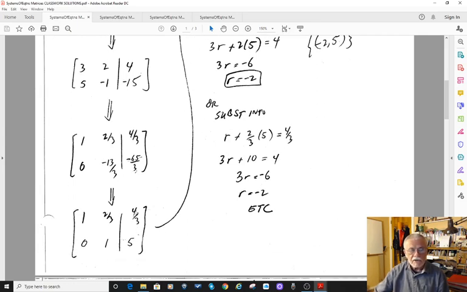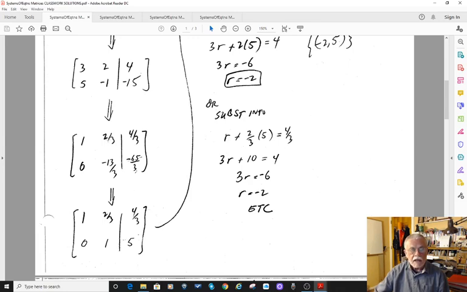Okay, so now I've got a 1 here, and the idea is I want to make this position a 0. Well, how do I do that? I imagine I still have a 1 here, and if I have a 5 here, I have to multiply every one of these by -5 and add it to the corresponding elements here. So this times -5 is -5, added to 5 is 0.